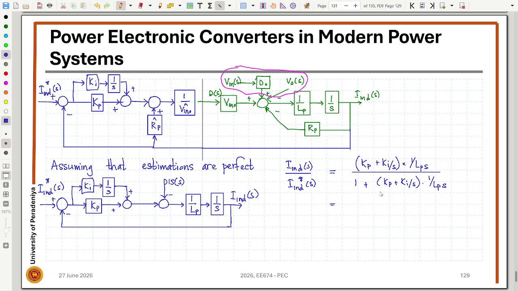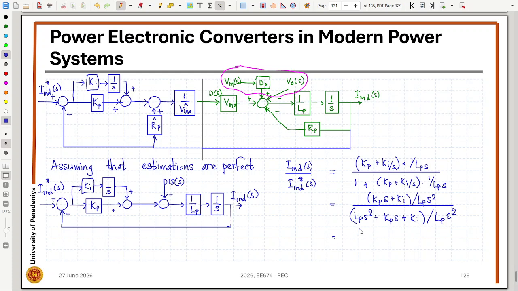So this we can write as (Kp s plus Ki) over Lp s squared, divided by 1 plus that, which gives Lp s squared plus Kp s plus Ki over Lp.